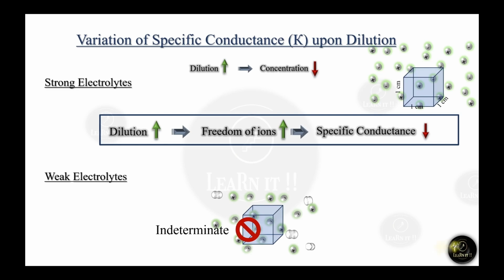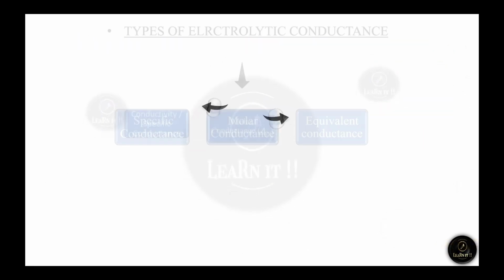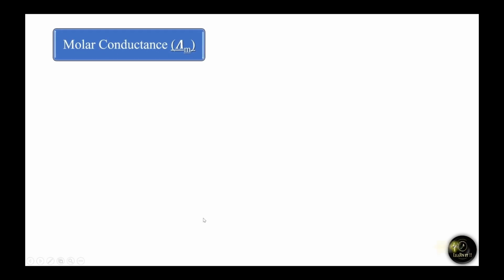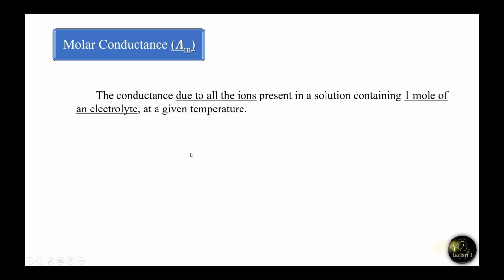This completes specific conductance. Let's look at another type of electrolytic conductance, that is molar conductance, which is indicated by the letter lambda m. It is the conductance due to all the ions present in a solution containing 1 mole of an electrolyte at a given temperature.